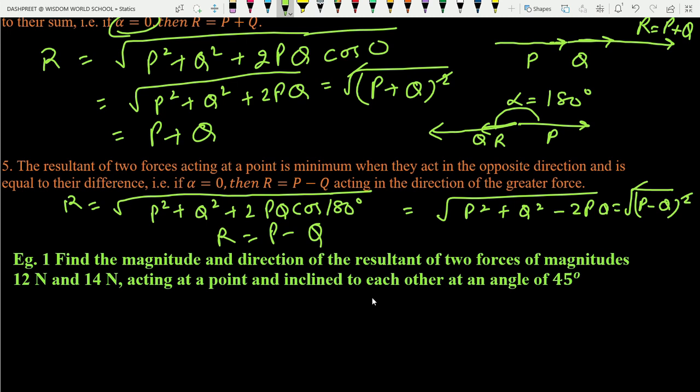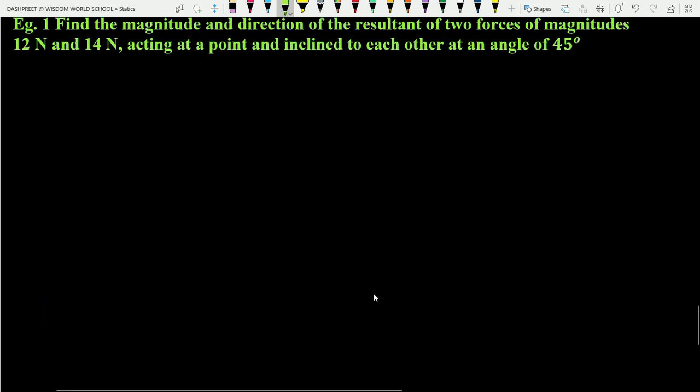Find the magnitude and direction of the resultant of two forces of magnitudes 12 Newton and 14 Newton. Here in this case, P is 12 Newton and the second force Q is 14 Newton.